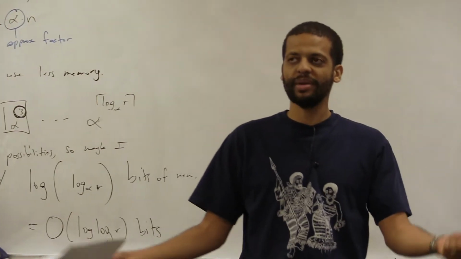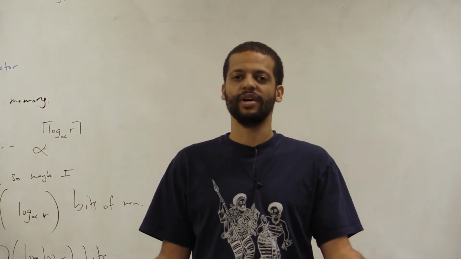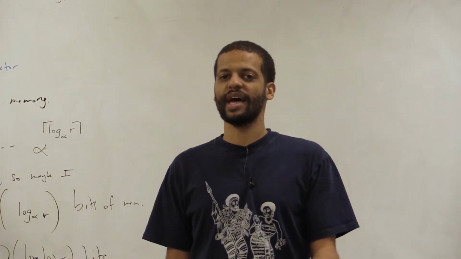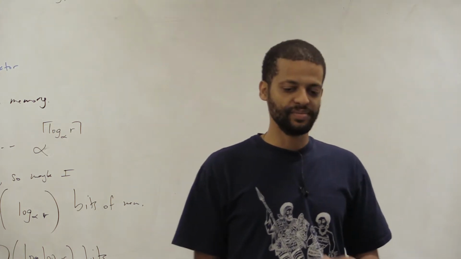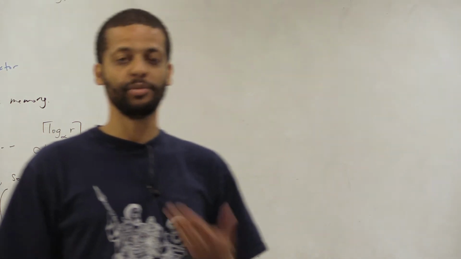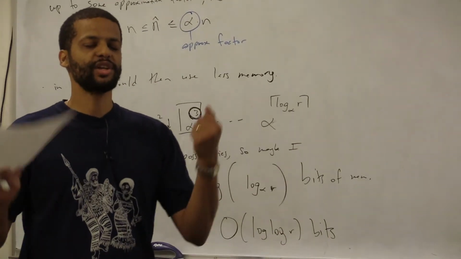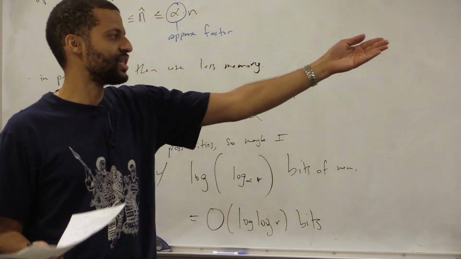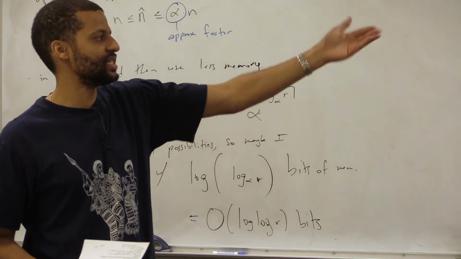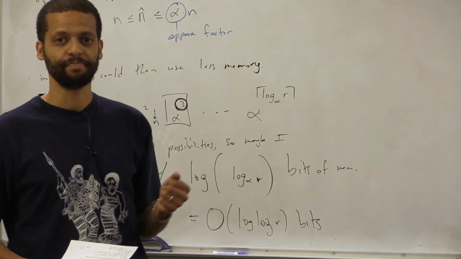I don't have a counter to store that number, because that would take me log n bits of memory, and I'm trying to avoid using log n bits of memory, right? So is there a way to still use proportional to log log n bits of memory without actually knowing n, where I'm just operating in this streaming model where I just see these increments coming in at me?